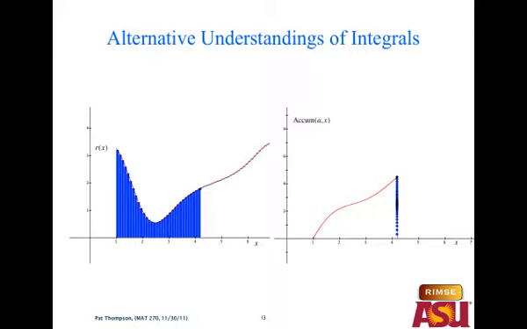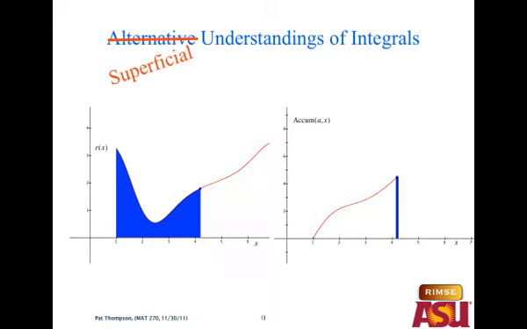And then ultimately, for infinitely thin rectangles, we're adding up the areas of these sticks, right? And so the result is that we have an alternate understanding of the integral as area between the curve and the x-axis.